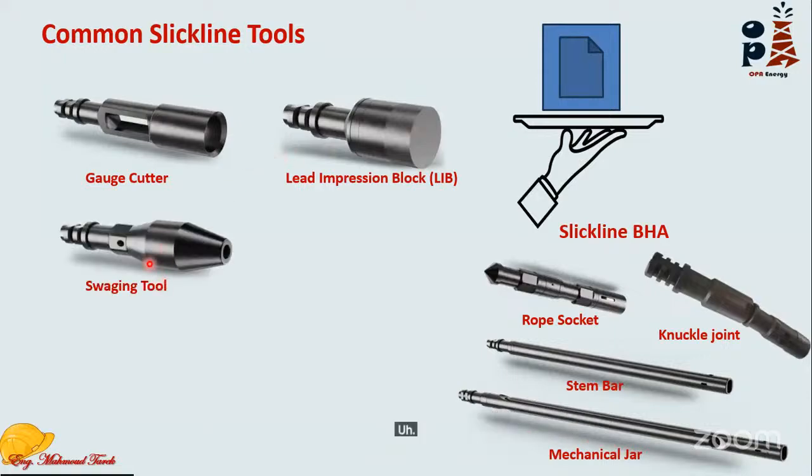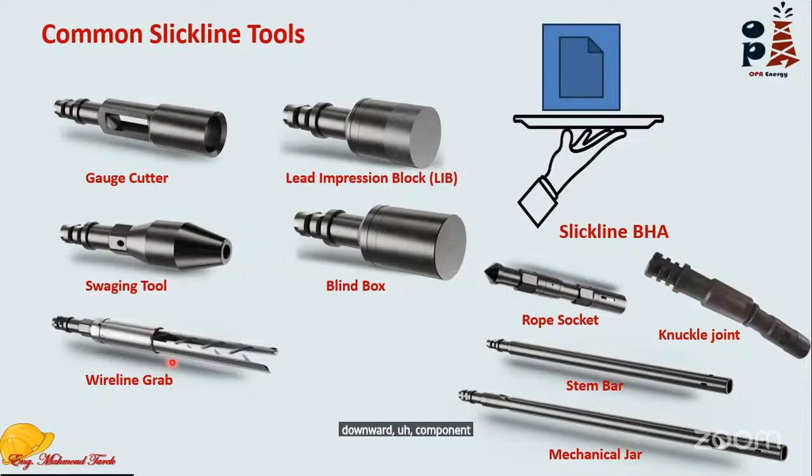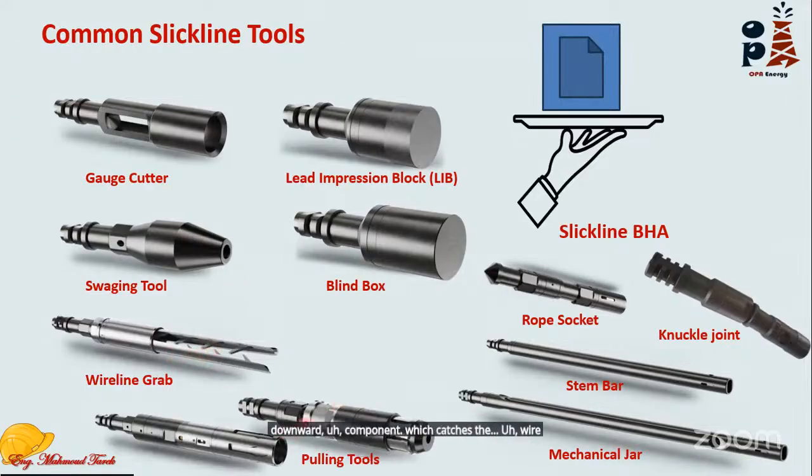The swaging tool and the blind box to strike against any downward component. The wireline grab, which catches the wire. And also there is a huge category of pulling tools. Due to time, we will not discuss it now, but they are very important tools, inshallah, discussed in the course.